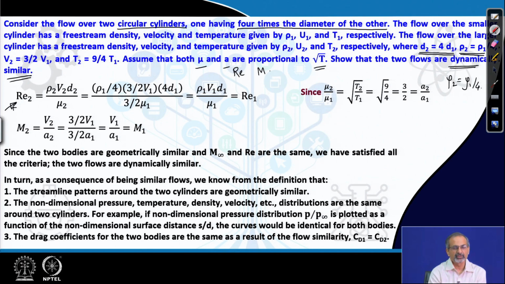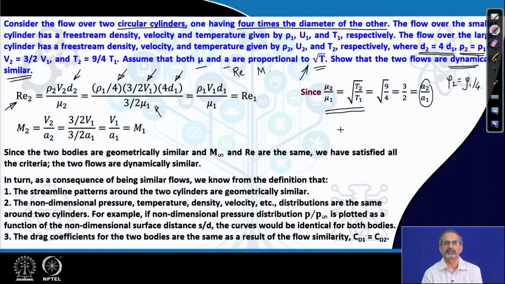If we write down the Reynolds number for the second cylinder, it is by definition rho 2 V 2 d 2 by mu 2, and then we substitute the conditions that rho 2 is equal to rho 1 by 4, V 2 is equal to 3 by 2 V 1 and d 2 is 4 d 1, and mu 2 is 3 by 2 mu 1, because mu 2 by mu 1 are related by a condition as defined here. So, that is under root 9 by 4, which is 3 by 2.